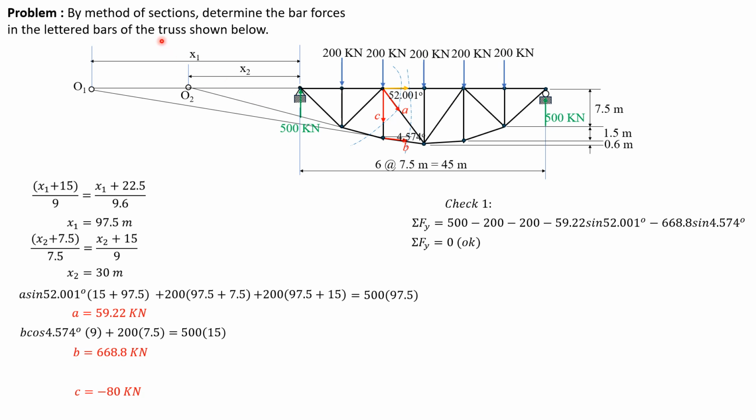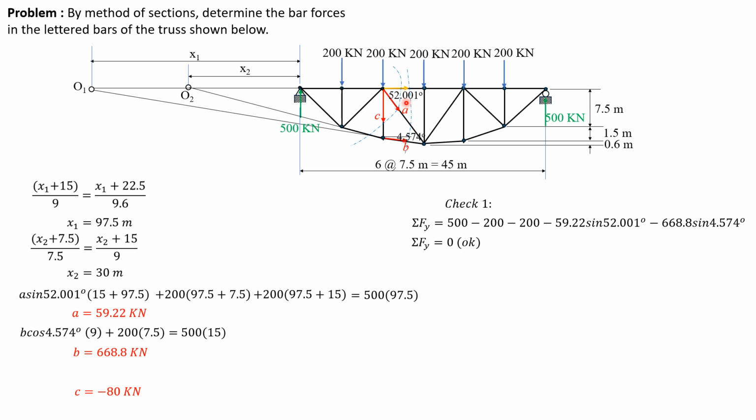For this second example, by method of sections, determine the bar forces in the lettered bars of the truss shown below, A, B, and C. A makes an angle of inverse tangent of 9 over 7.5, and that's 52.001 degrees.